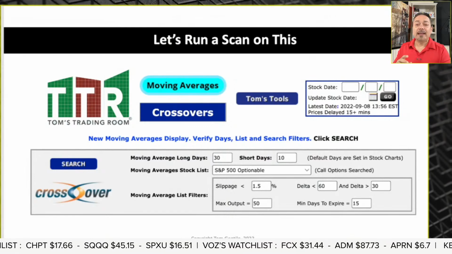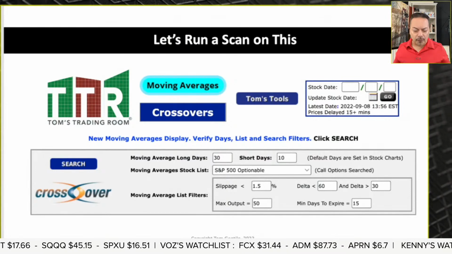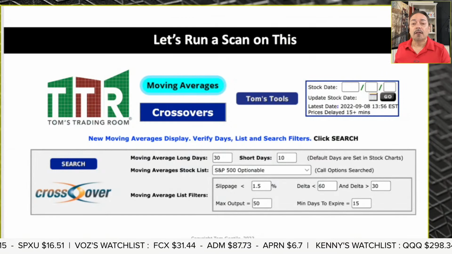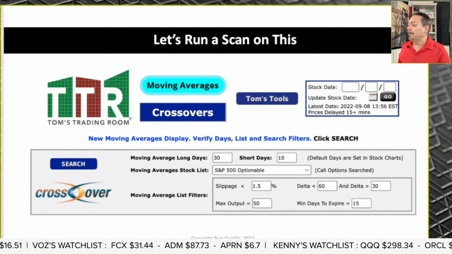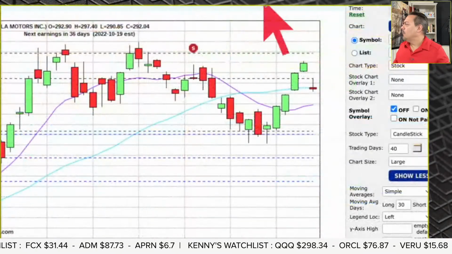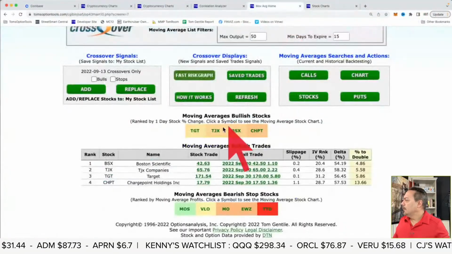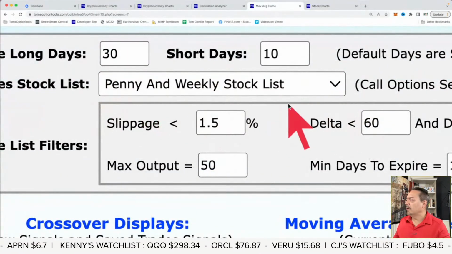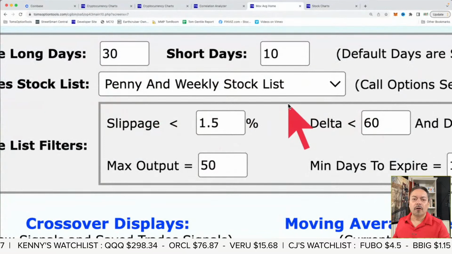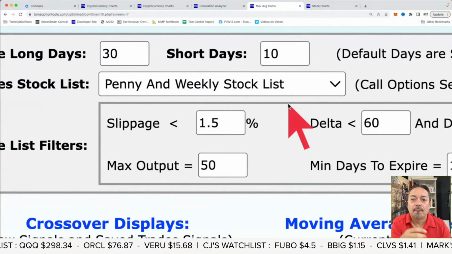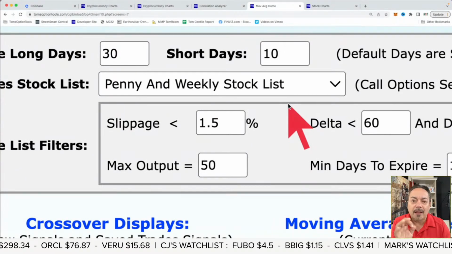Well, let's see out of the thousands, if you will. Actually, we'll just take the top 500. Let's take the 500, or let's see what I want to do. I don't even know what I want to do. Here we go. So we're looking at the penny and weekly stock list. That's going to drill us down from 4,000 optionable stocks to less than 400 that are both penny, pilot, and weekly.